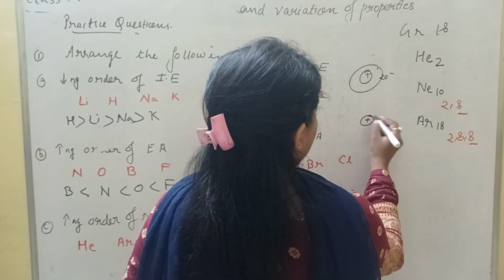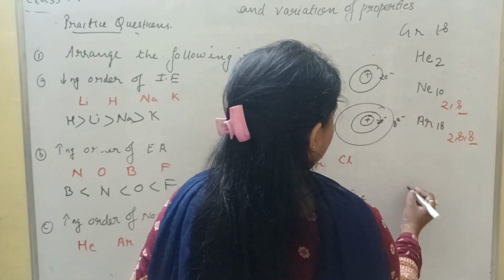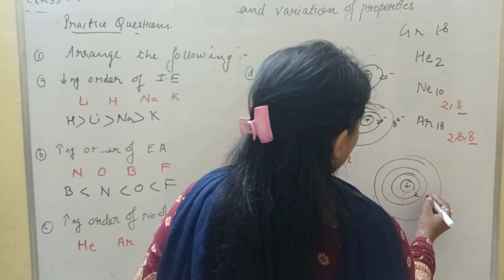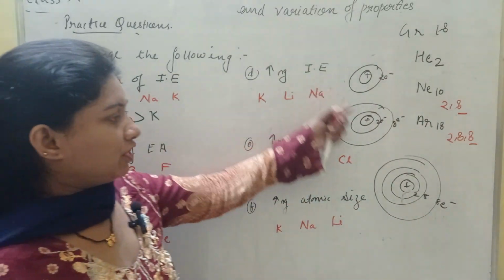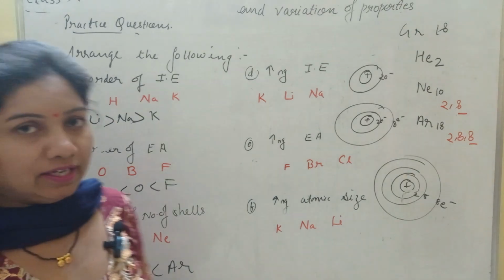Then neon, 2 electron, 8 electron. Argon, 3 shells, 2, 8, 8. So as we are moving down the group, the number of shell is increasing. So you can see that the number of shell is maximum for argon and minimum for helium. So increasing order will be helium, neon, argon. So reason is as we move down the group, the number of shell increases.